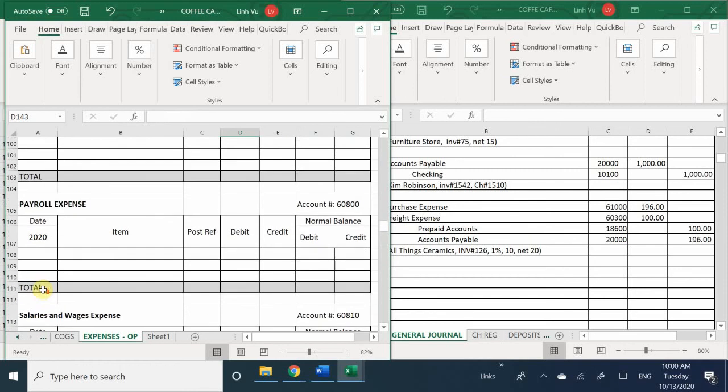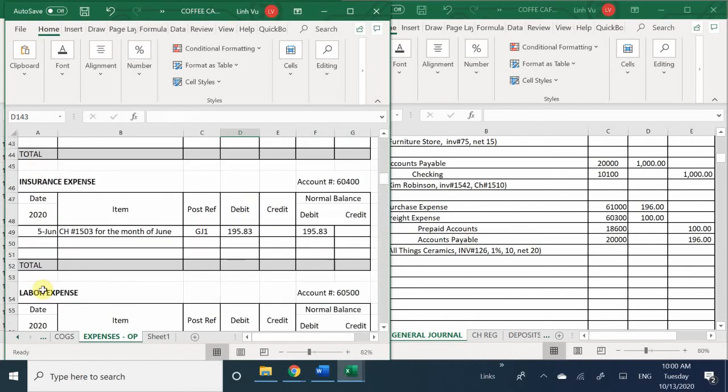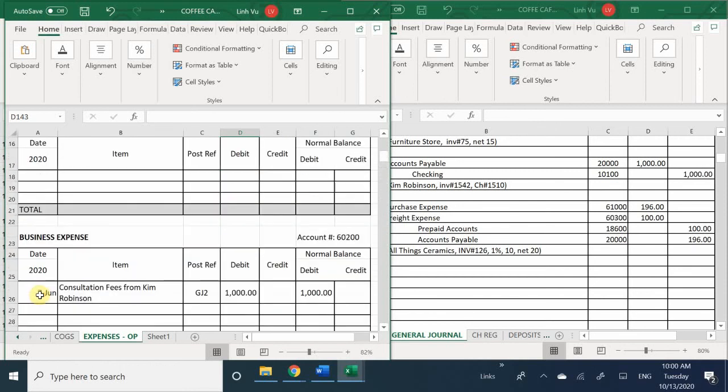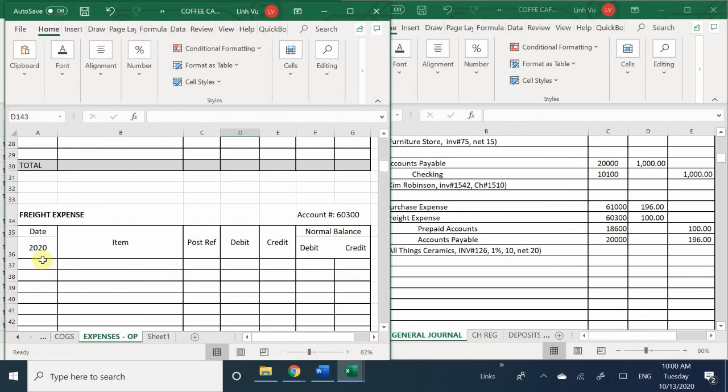Now, I'm going to scroll up to find my freight expense, which is right here, freight expense, because I have to keep it separate. 610. My items is going to be the same thing. 80 coffee mugs, right? That's the shipment on the 80 coffee mugs.